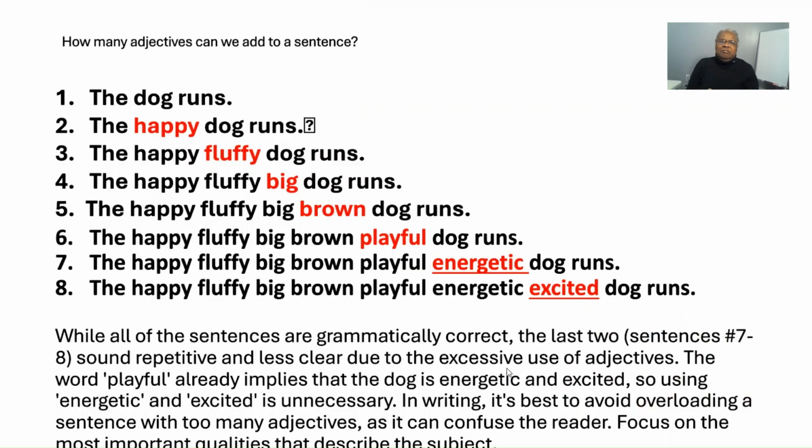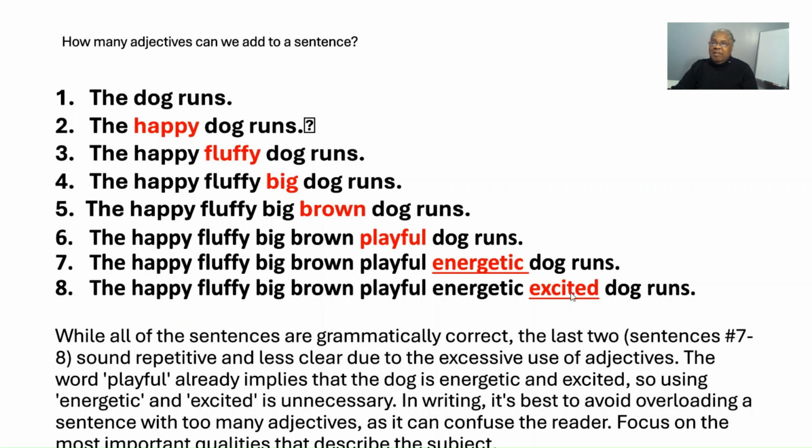How many adjectives can we add to a sentence? Let's count the amount of adjectives that we have added to the original sentence, the dog runs. 1, 2, 3, 4, 5, 6, 7.